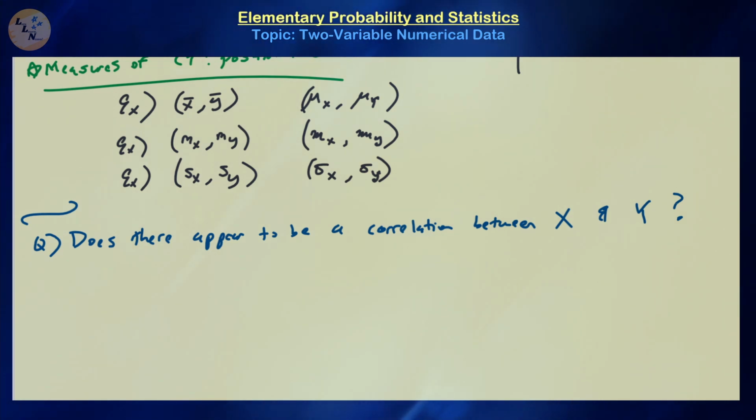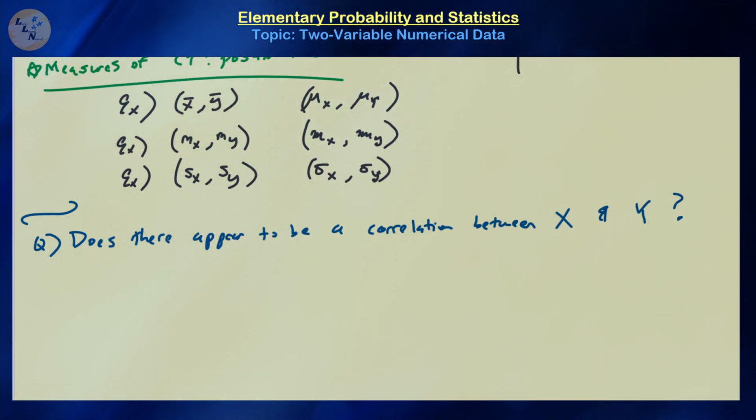Now, what do I mean by correlation? So usually what people mean by correlation is, as you increase one variable, some people call it the independent variable, what happens to the other dependent variable y? Does it increase, decrease? Does it have some pattern associated to it?